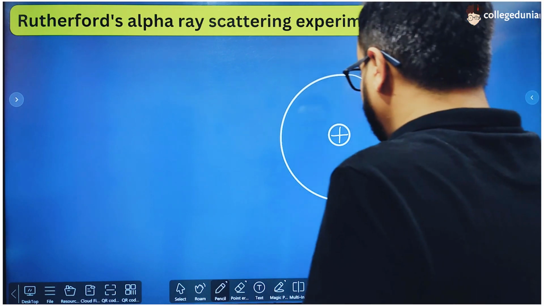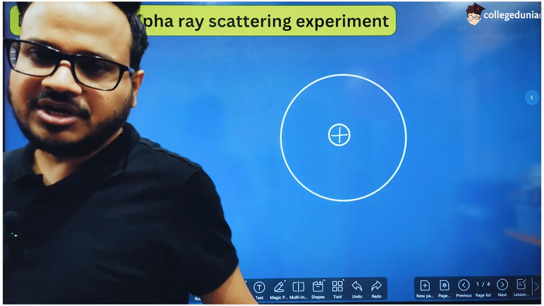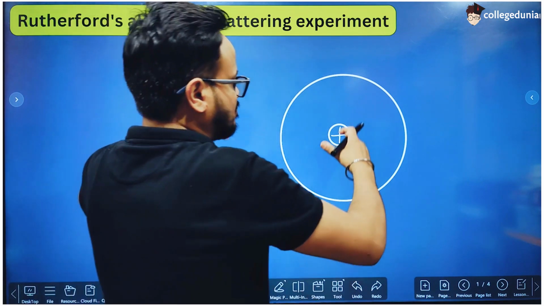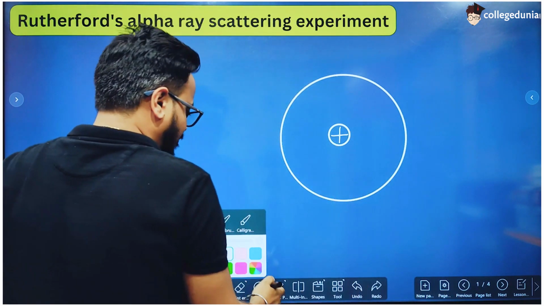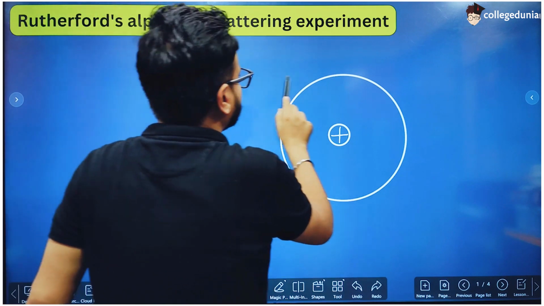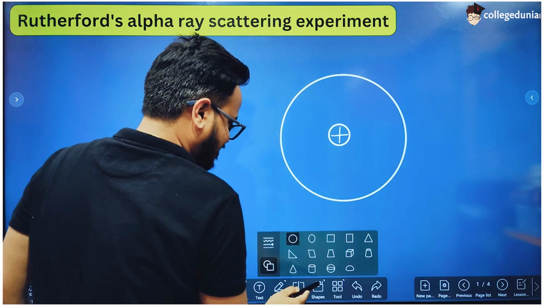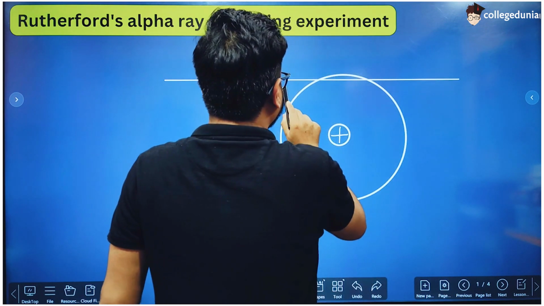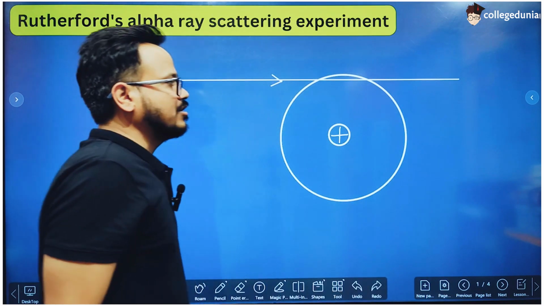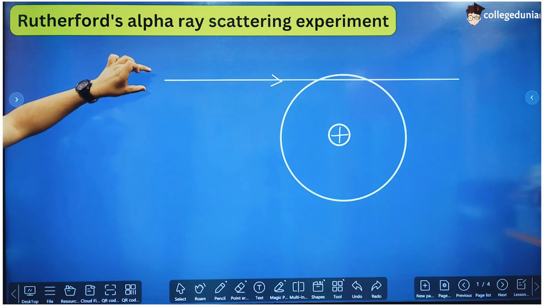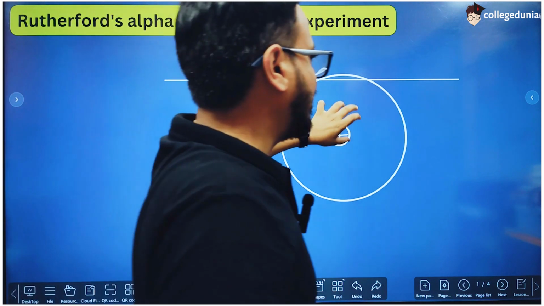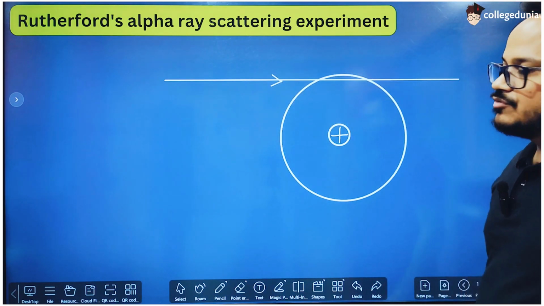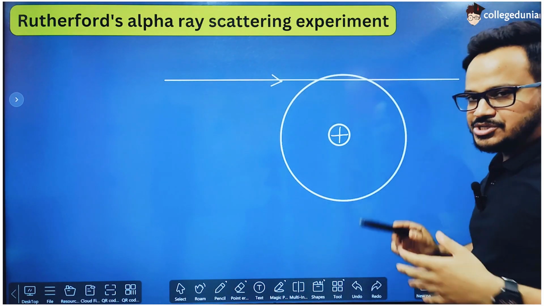Since this positive charge is concentrated in a very small region and most of the space in the atom is empty, most of the alpha particles went straight. Like this alpha particle, which is far away from the nucleus, there was no repulsive force of the nucleus on it, so it went straight.